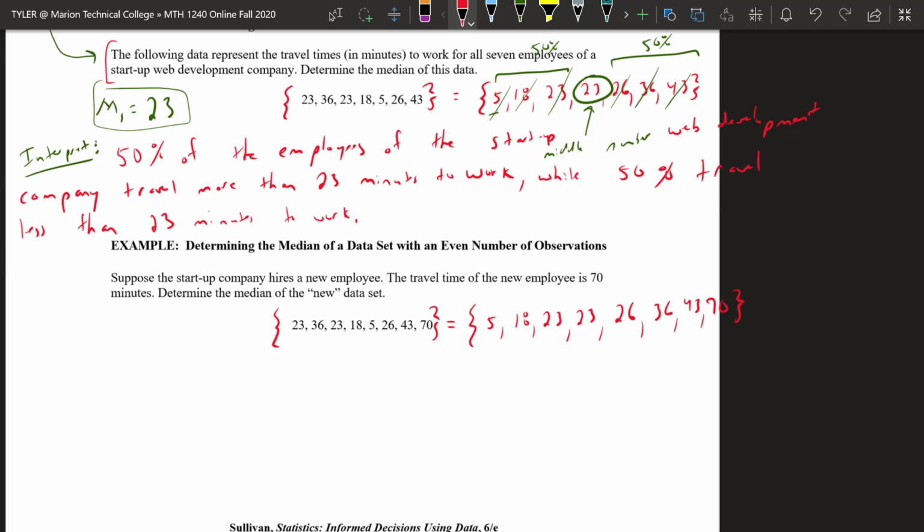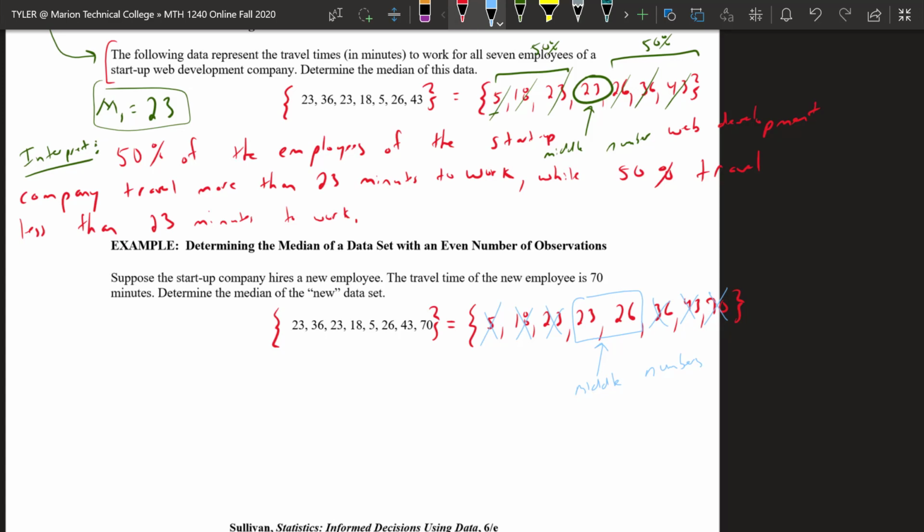Same idea: if I cross out one on this side and one on this side and keep doing that until I work my way to the center, I'm going to have two numbers in the middle, because we have an even number of observations now, where before we had an odd.